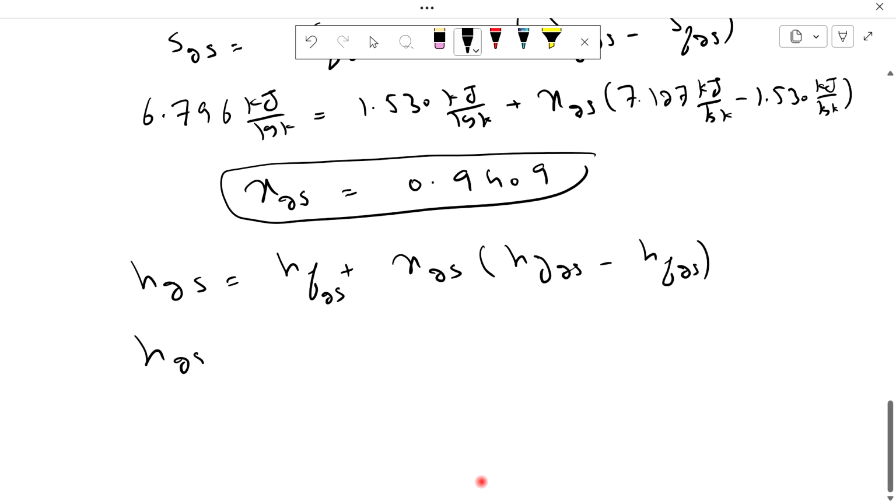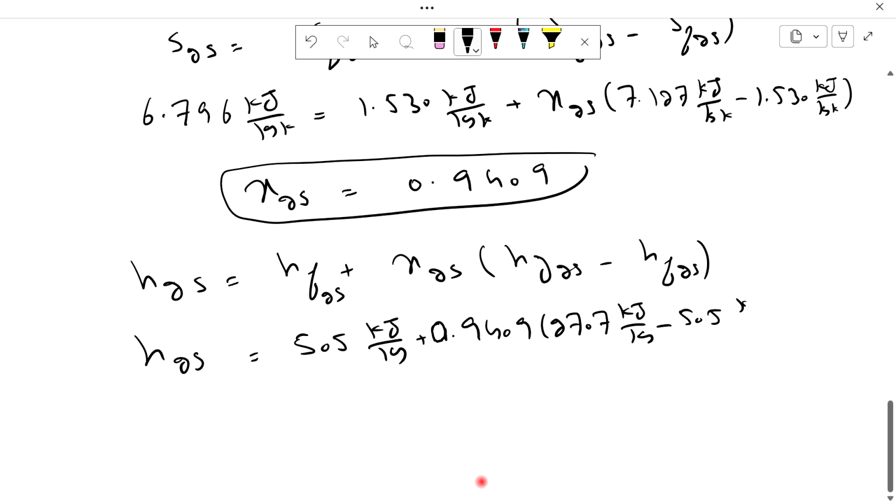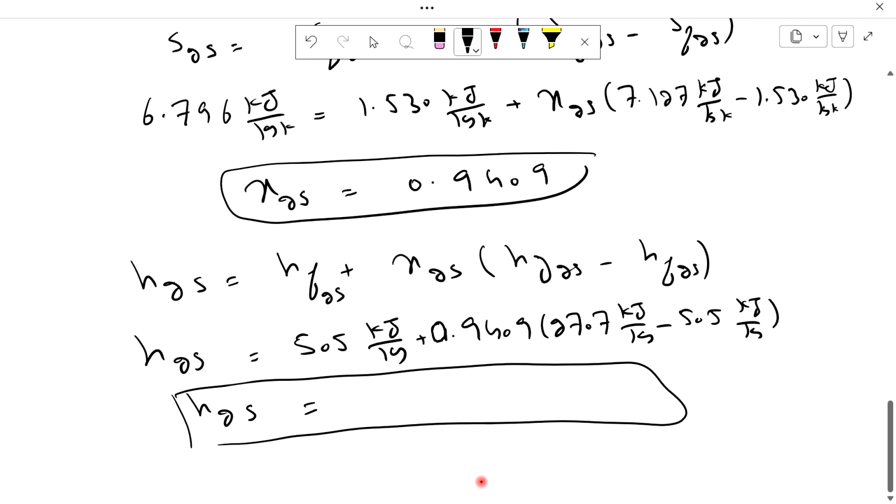Putting values in this equation, HF2S is equal to 505 kilojoule per kg plus X2S is equal to 0.9409, into HG2S is equal to 2707 kilojoule per kg minus 505 kilojoule per kg. This is a simple calculation. Calculate this and find the value of H2S, which is equal to 2576.8 kilojoule per kg.